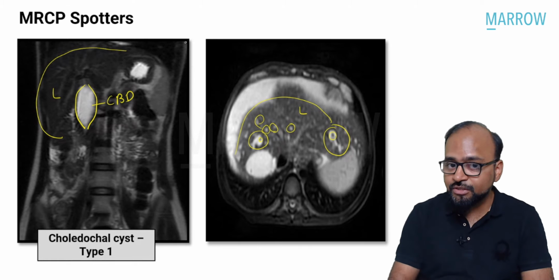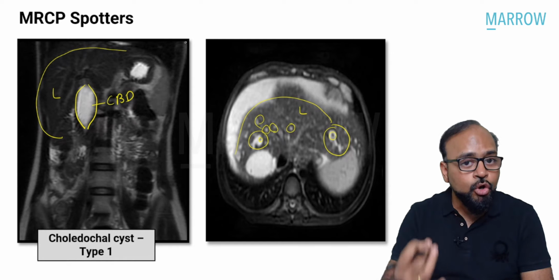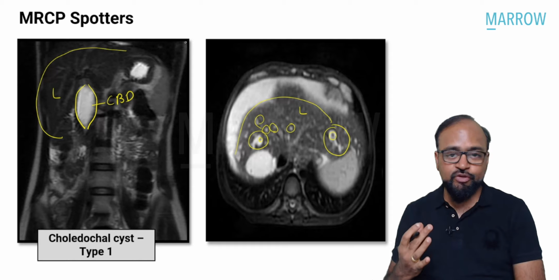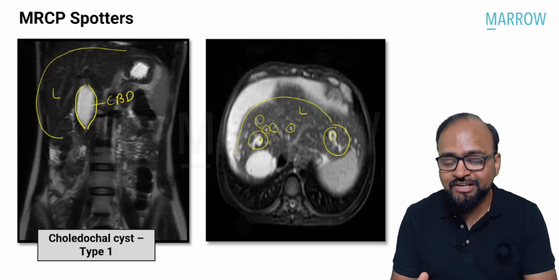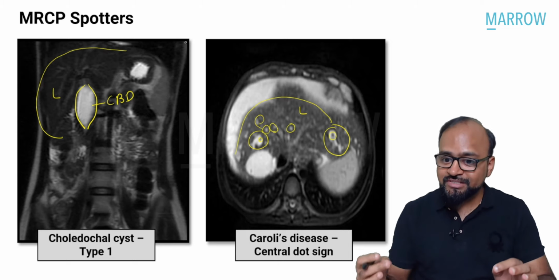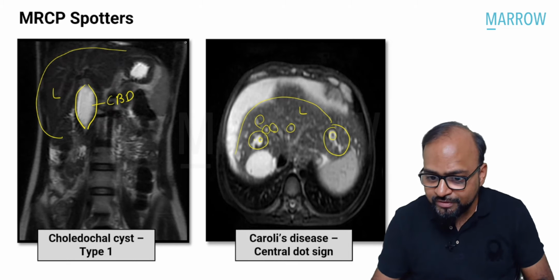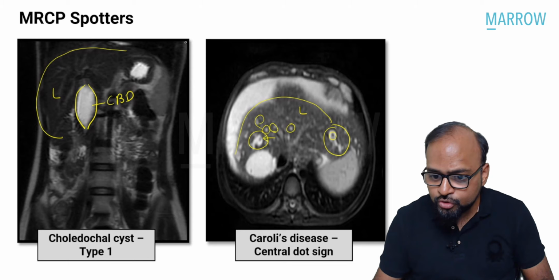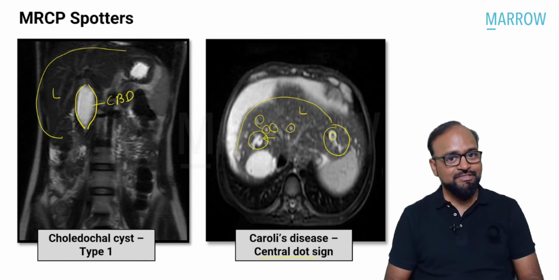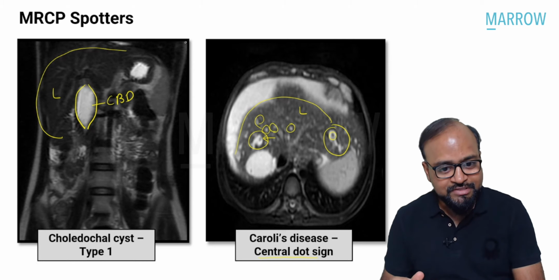This is called a central dot sign. This is type 5 choledochal cyst. I'm giving you a clue. Can you tell me what the diagnosis is? Type 5 choledochal cyst is called Caroli's disease. And this dot that you see within it is what is called the central dot sign of Caroli's disease, right? So this is how the appearance is.